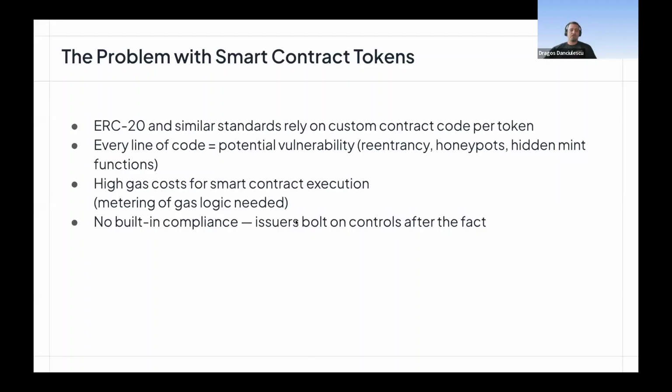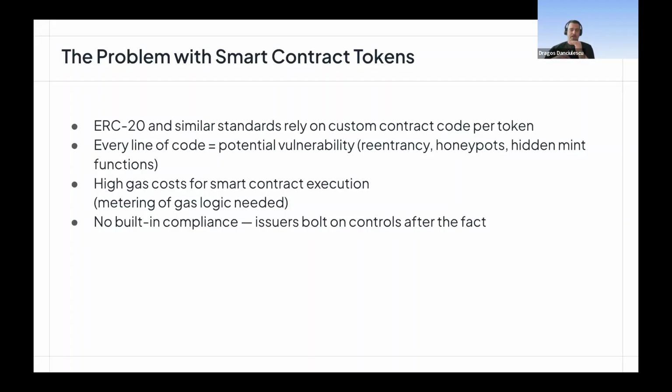Now, the problem with smart contract tokens. ERC20 and similar standards always rely on custom smart contract code per token. Even though that has some advantages, overall, that means that every line of code equals a potential vulnerability. For example, we have reentrancy vulnerabilities, honeypots, and hidden mint functions, just to name a few.